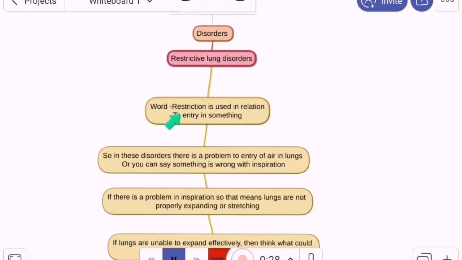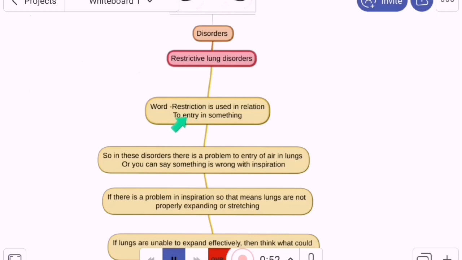The word restriction is used in relation to entry into something. Remember this, because sometimes students are confused between restriction and obstruction. The word restriction is specifically used in relation to entry into something, while obstruction is used specifically in relation to exit from something, right?